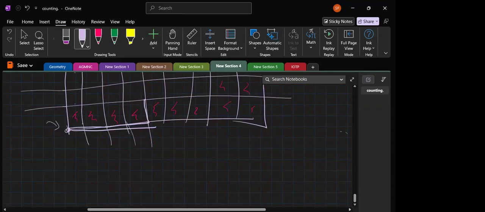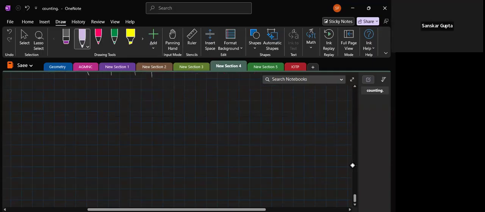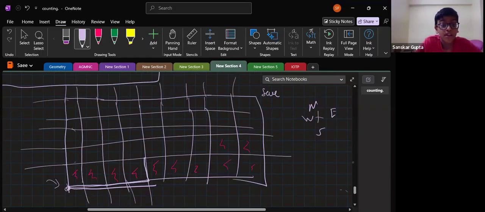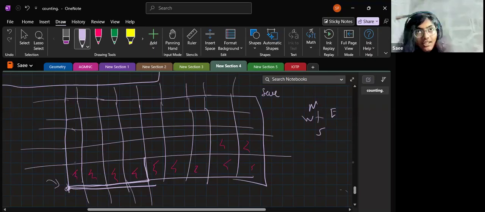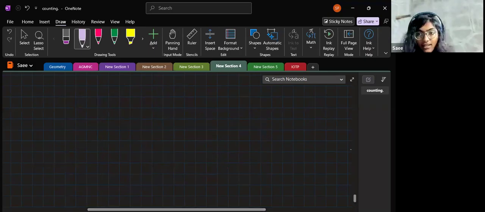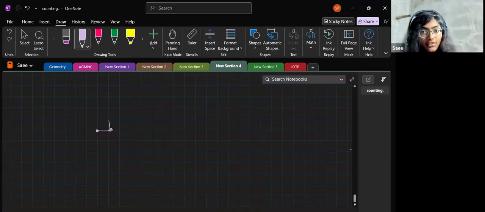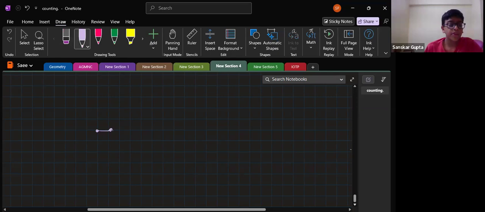And there's a very cool way to solve this. This seems like a very overwhelming question. There are so many things here. Maybe we can break it down. What if Arnav lives here and Sai lives right next to Arnav? Then how many different paths are there for Arnav to go here? There's just one path.